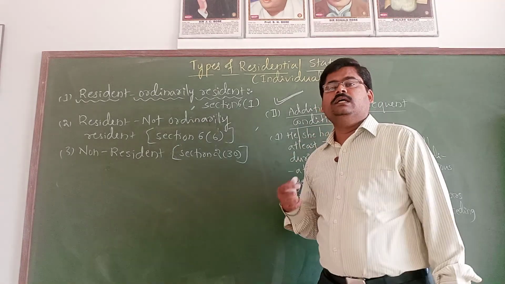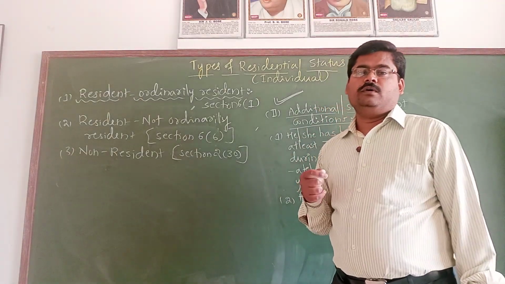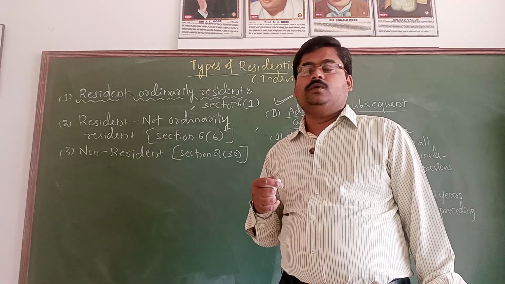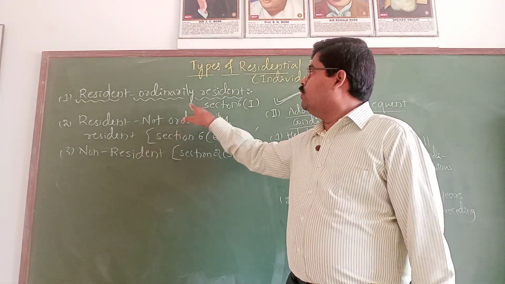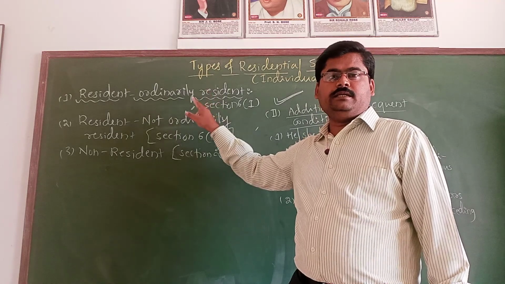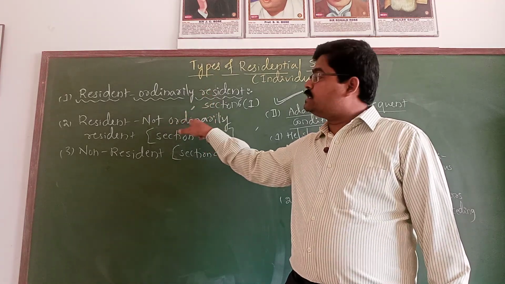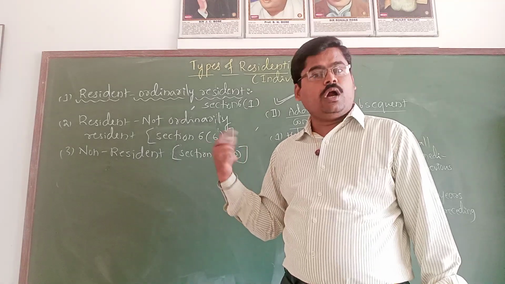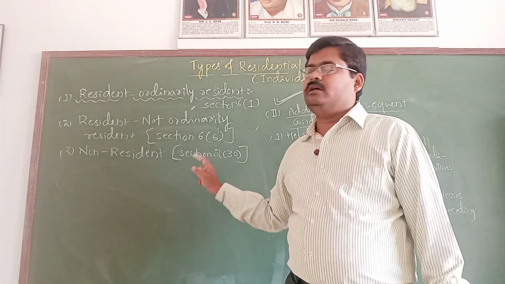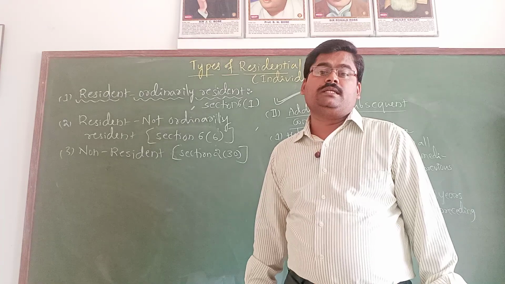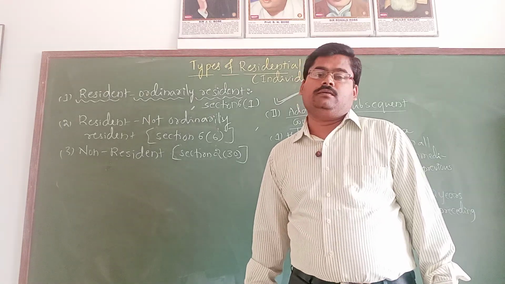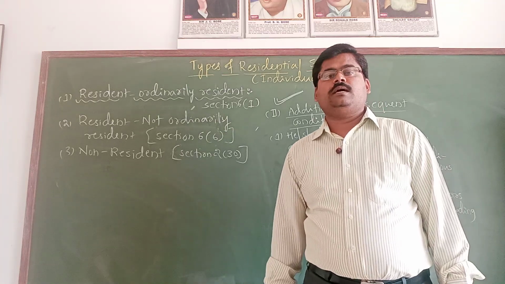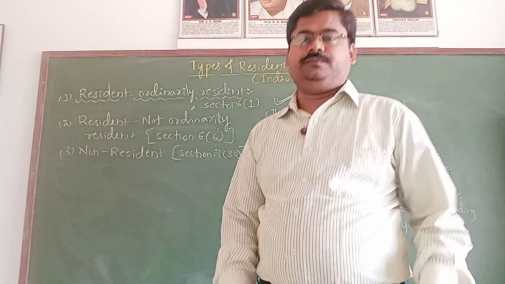So these are the 3 different types of residential status. One is the ROR, resident ordinarily resident. Second is the RNOR, resident not ordinarily resident, and third is the non-resident, NR. So these are the different types of residency status. With this I am going to conclude the discussion. Thank you.